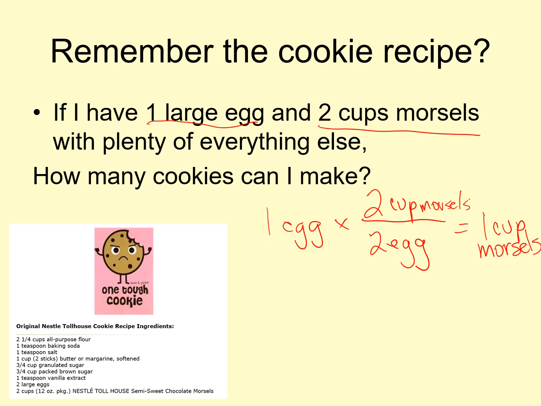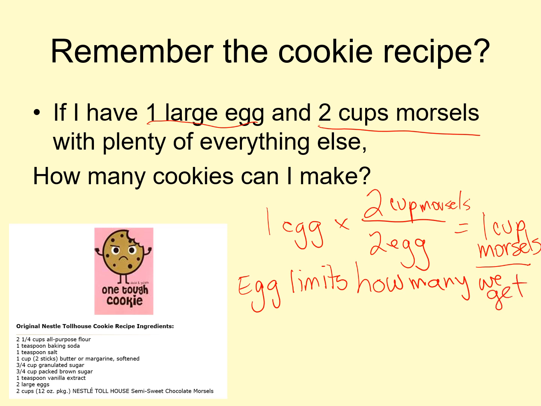So 1 egg is going to use up 1 cup of morsels, but I have 2 cups of morsels. That means that the egg is the limiting reactant. Egg limits how much product we get, how many cookies we get. So 1 egg is the limiting reactant. We're going to have a whole cup of morsels left over because we're only going to use up 1 cup of the 2 that we have.